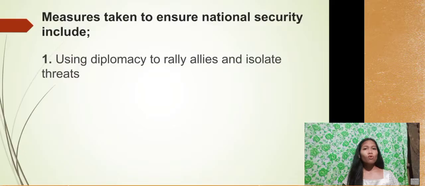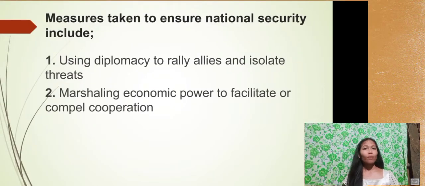Then we have number 2, marshalling economic power to facilitate or compel cooperation. So, to keep a country safe, we use our money and economic strength to encourage others to cooperate. It's like using financial influence to make sure that everyone works together for the nation's security.